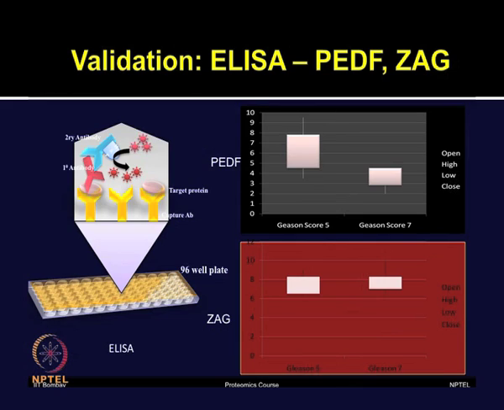The PEDF levels were quantified using an ELISA kit, and the results demonstrated, as you can see in the slide, a statistically significant decrease in PEDF in the Gleason score 7 depleted serum group, whereas the zinc alpha 2 glycoprotein ELISA analysis, shown in red in the bottom panel, indicated a 1.4-fold increase in zinc alpha 2 glycoprotein absorbance in the Gleason score 7 group.